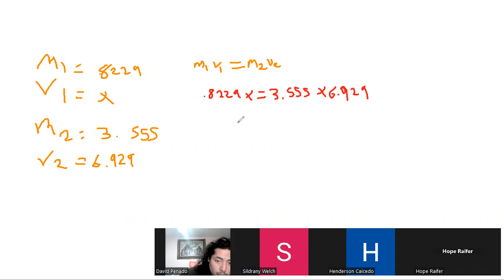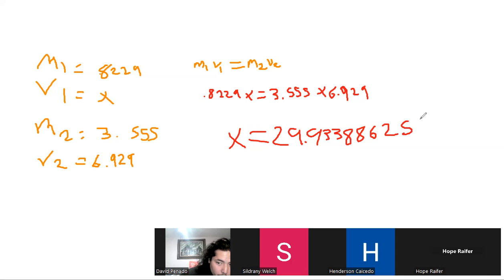So how did you know to use 6.929 for B2, not B1? It doesn't matter which way. It will still get the same thing as long as you're working with liters. But yes, that's what Henderson was about to say. Sorry to cut you off. It's how they worded the question.